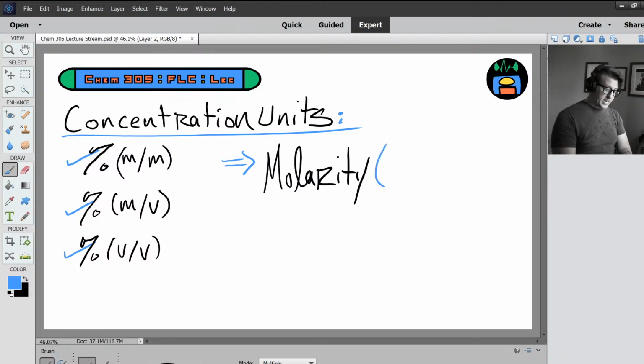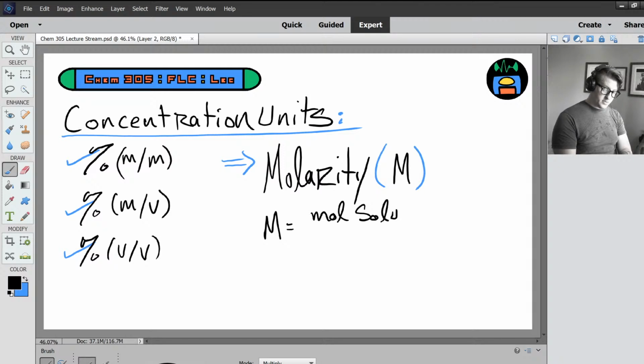It is abbreviated with a capital M. And the equation for molarity is equal to moles of solute over liters of solution. All right, moles of solute over liters of solution.